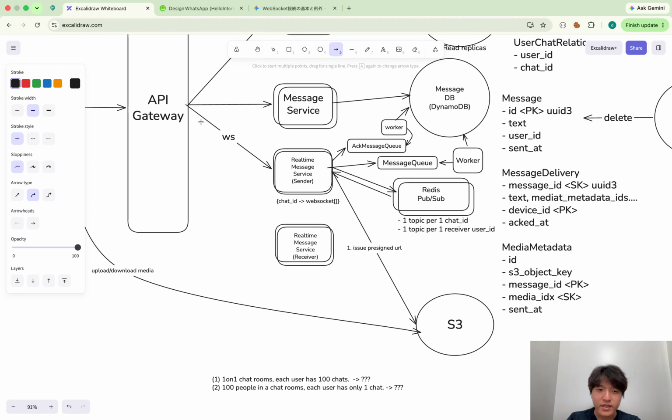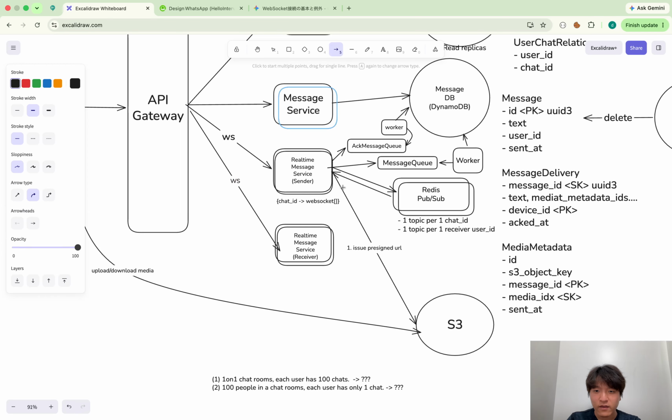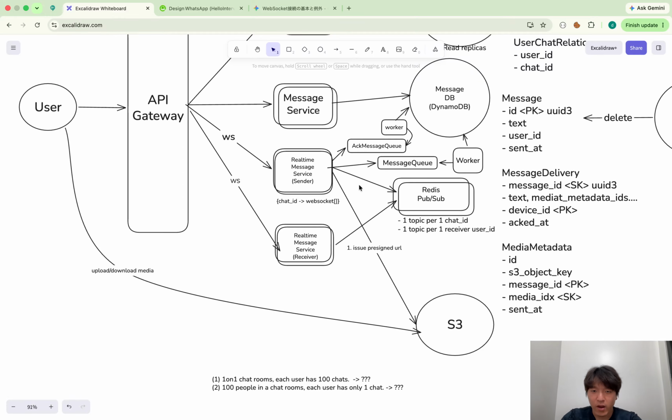So what happens is that some user, definitely a different user, is connected to another server, and this other server is subscribing to this Redis Pub/Sub. So this is the premise.